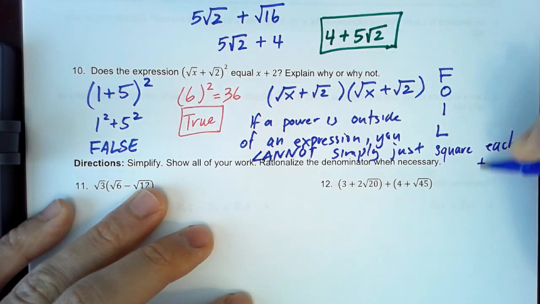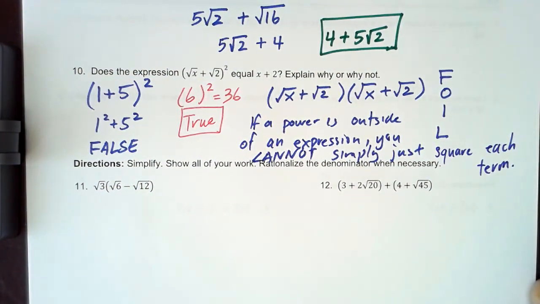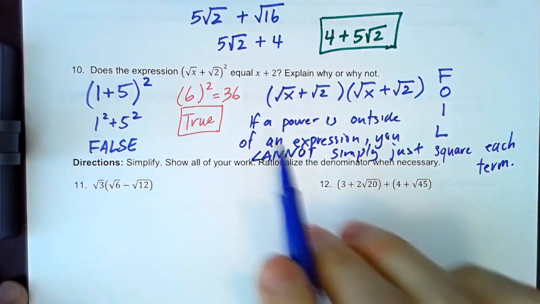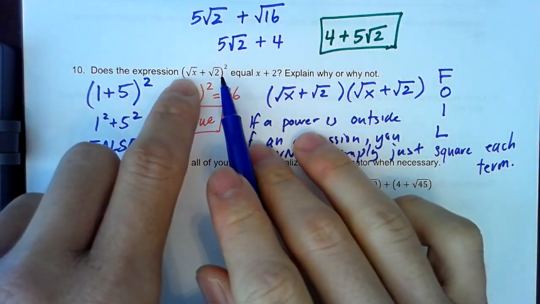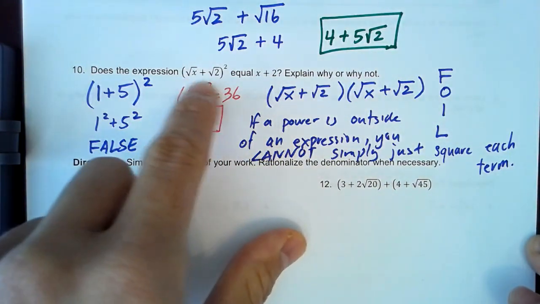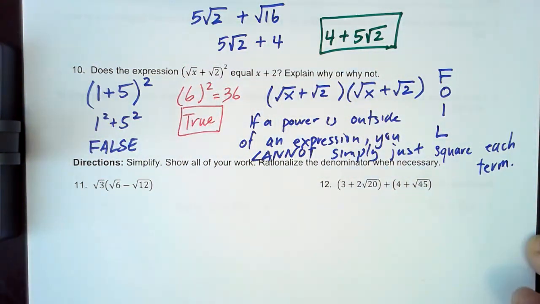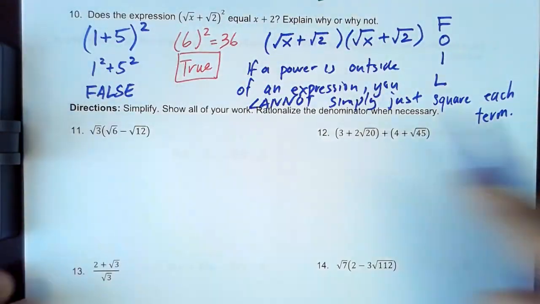This is definitely something that I would love to explain in further detail when I have more time. But just realize that you cannot square each term because it's kind of like an expression. You cannot just distribute a square to each term like that. If this was a product, and this was just one term, of course you could. Okay. All right. So let's go to 11.